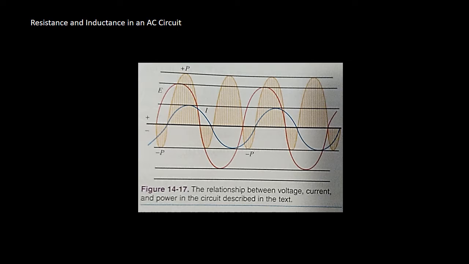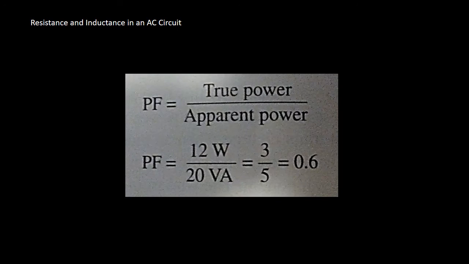The relationship between voltage, current, and power in the circuit is described in the text, figure 14-17. These figures can be checked by inserting them into the power factor formula, which is PF, power factor, equals true power divided by apparent power. PF equals 12 watts divided by 20 volt-amps, which equals 3 over 5, which equals 0.6.